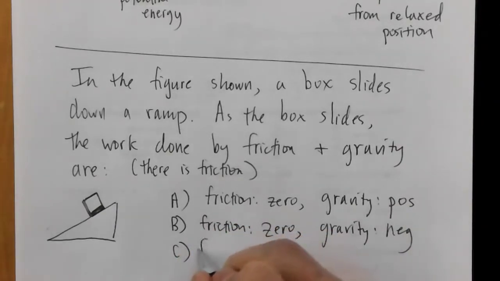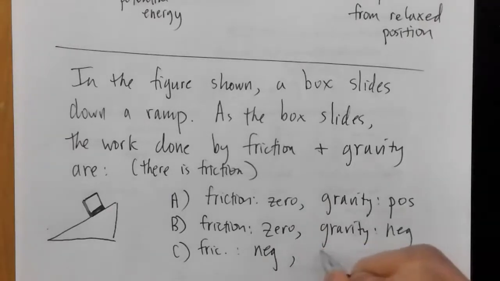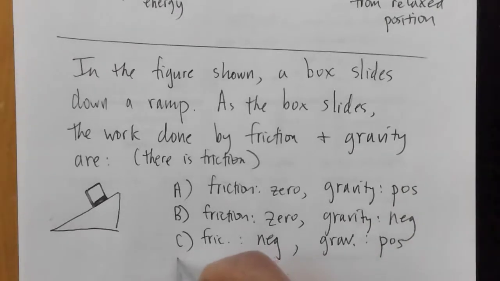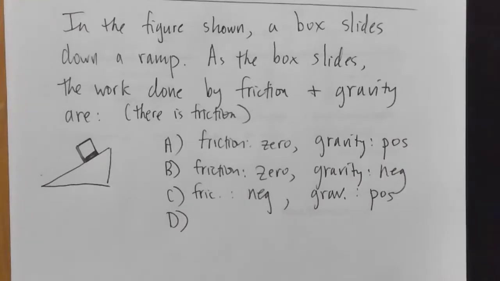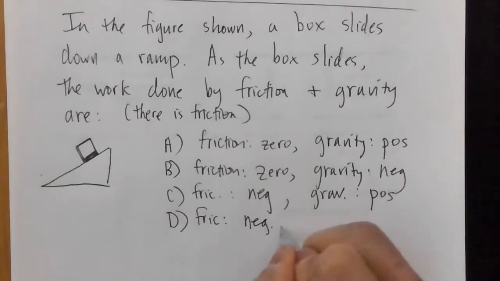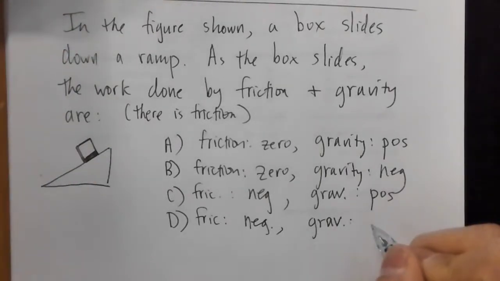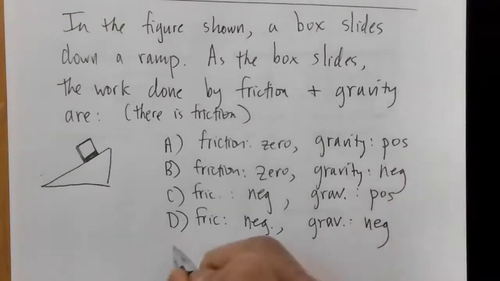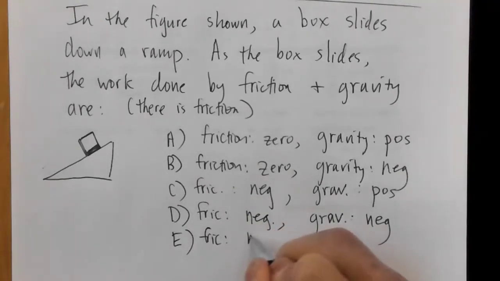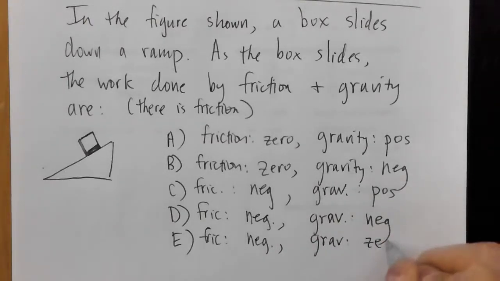C, friction, it's negative, and gravity is positive. D, it's that friction is negative. For gravity, it's negative. And E, for friction, it's negative. And for gravity, it's 0.